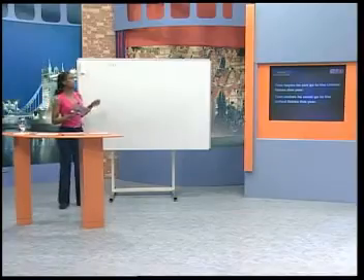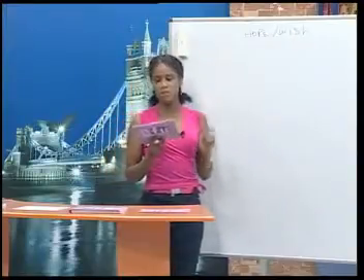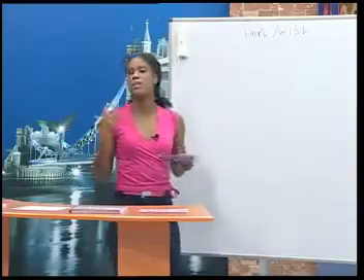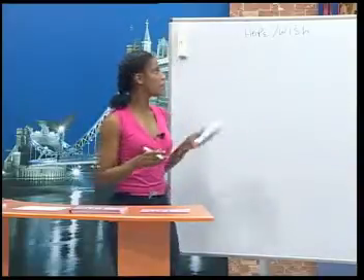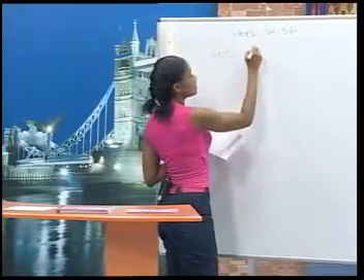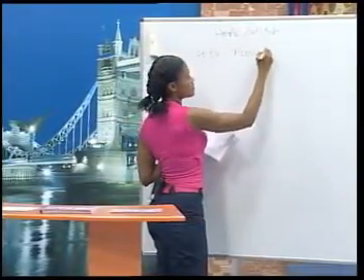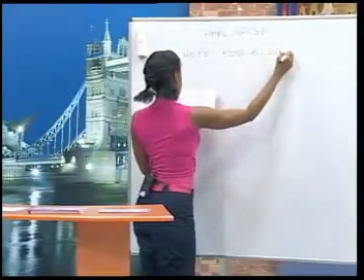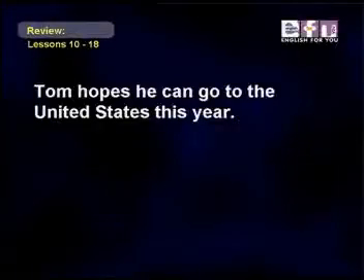So we use hope and wish to talk about future actions or possible future actions. With the verb hope, there is possibility that things will happen. So for example, Tom hopes he can go to the United States this year means there is a possibility he can go.